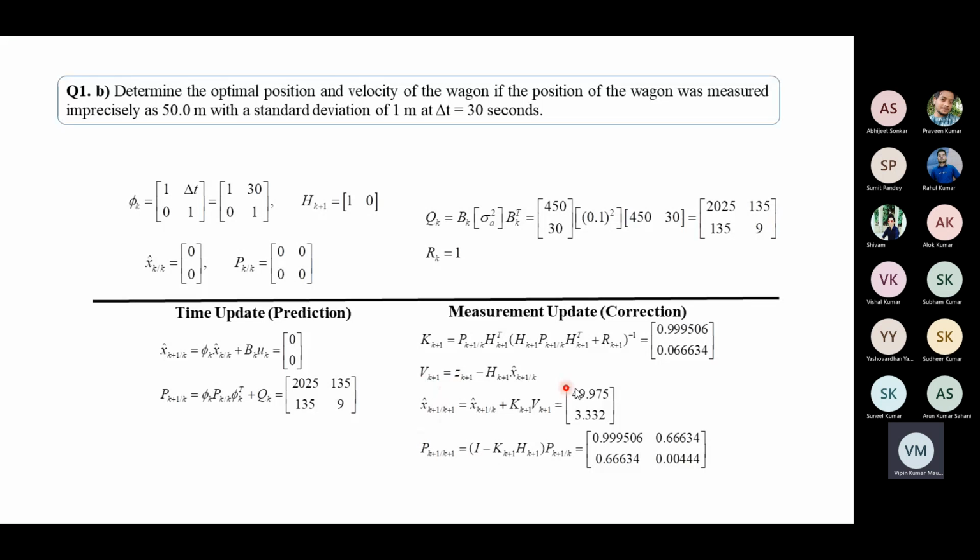So you can see here what the velocity and position will be, and what the values of the covariance matrix will be.